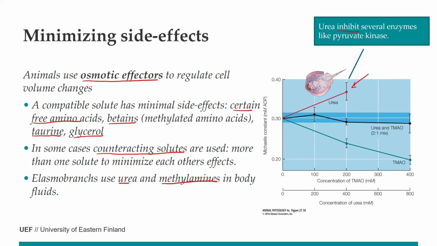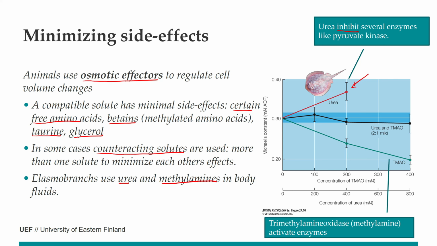And just with this methylamine, trimethylamine oxide, that will activate the enzyme. So one is increasing, one is decreasing the activation. But then when they have the mixture of these two molecules, then this enzyme is working perfectly well.